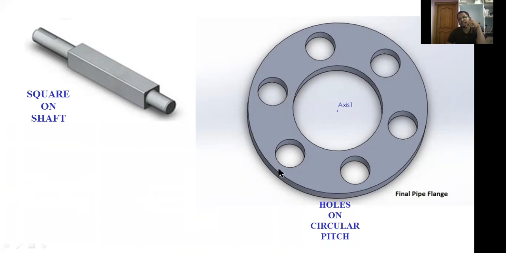Circular pitch means the distance between two successive holes is the same. Here the distance between these two successive holes is the circular pitch. In real time, how to represent these holes on circular pitch and square on shaft?